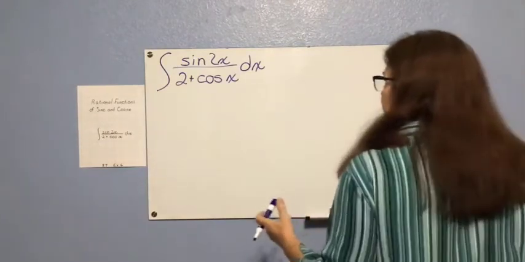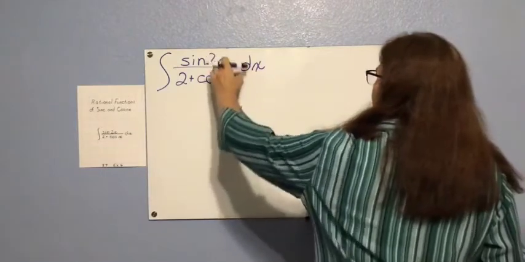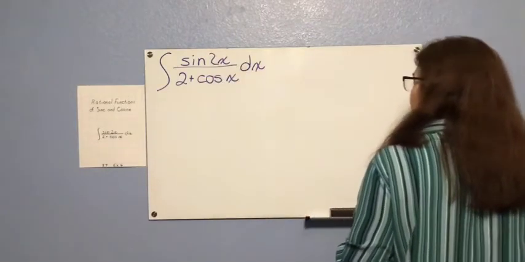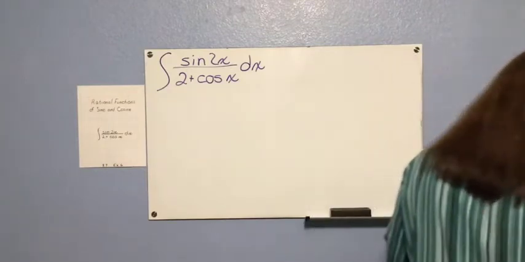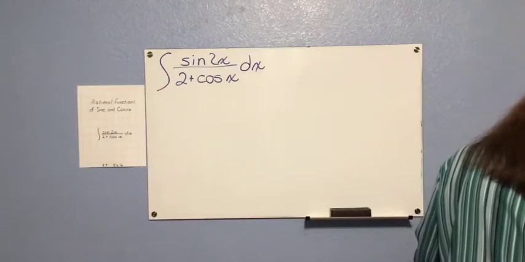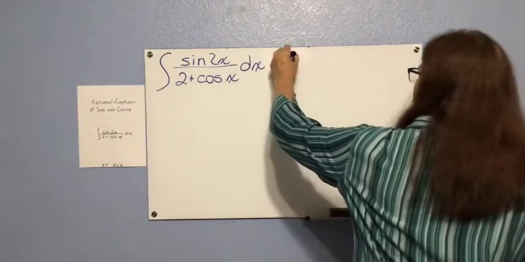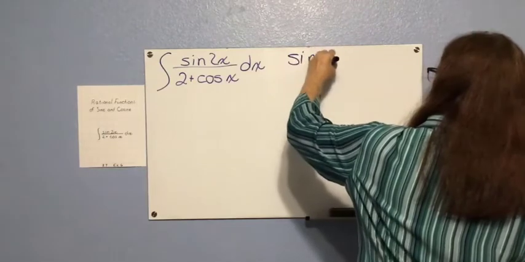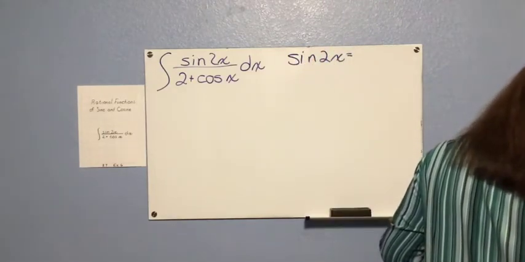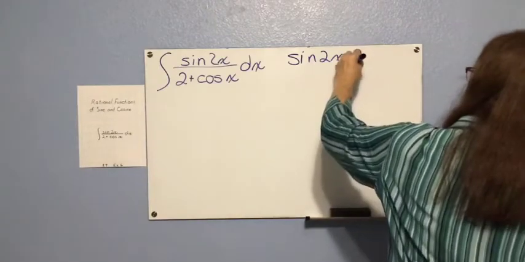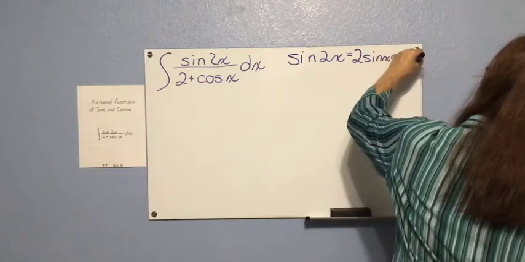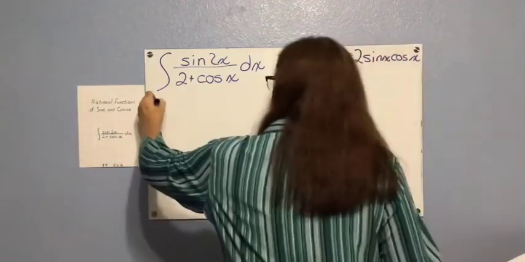Now this would be much easier if instead of having 2x up here and x down here, I had either 2x both places or x both places. So I'm going to change sine of 2x to 2 sine x cosine x. So now my integral looks like this.